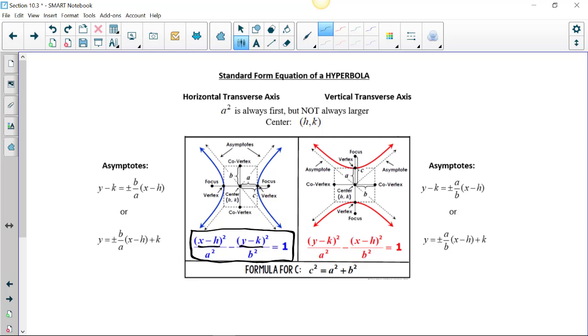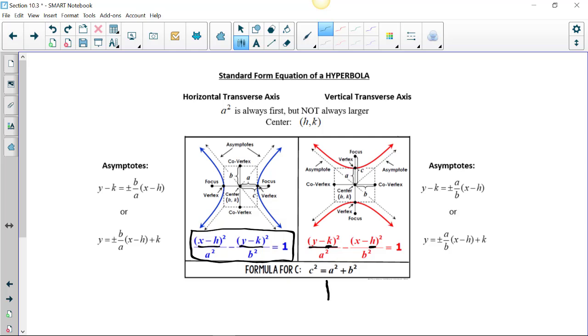The one place you have to be really careful is when the transverse axis is vertical and the curves open up and down, the y comes first. When you give the coordinates of the center, you have to make sure that you're starting with h first and then k. So you have to pay attention there.